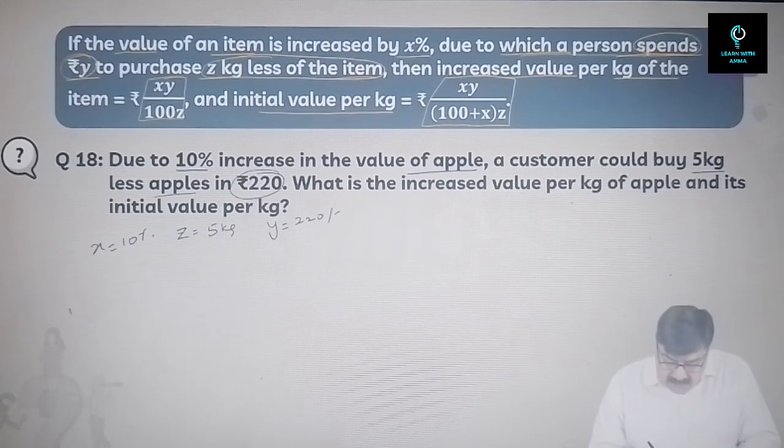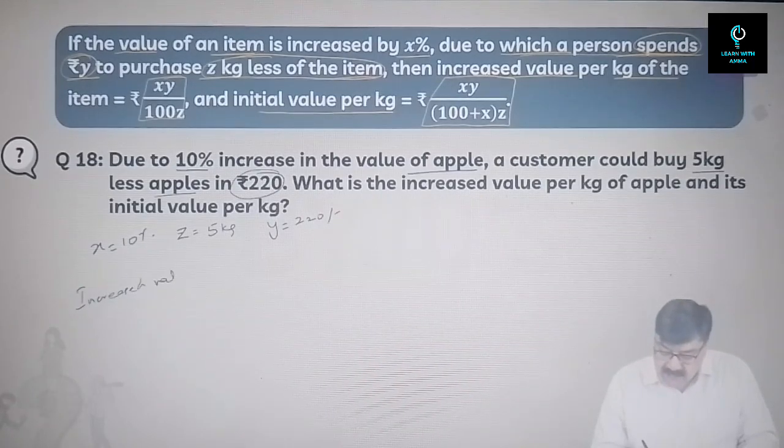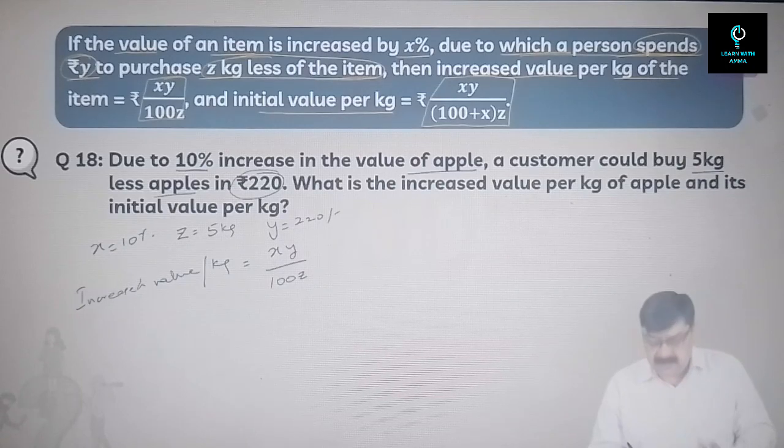So simply put these values to the formulas that are given here. So increased value per kg is xy by 100z. This will make it very simple.